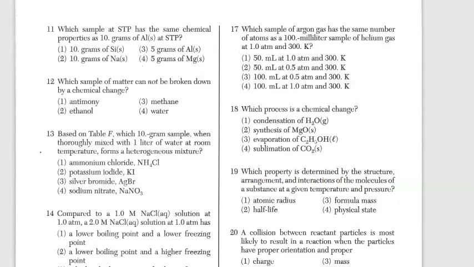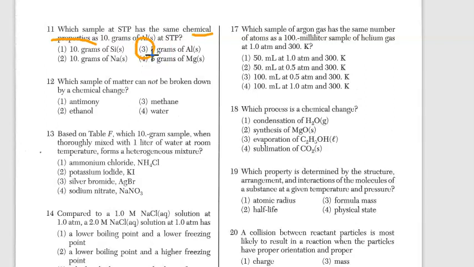Very interesting, question 11. First time I'm really taking a look at it after the Regents exams this year. Which sample at STP has the same chemical properties of 10 grams of solid aluminum? Well, whether I have 100 grams or 1,000 grams, the same chemical properties is going to be 5 grams of aluminum.